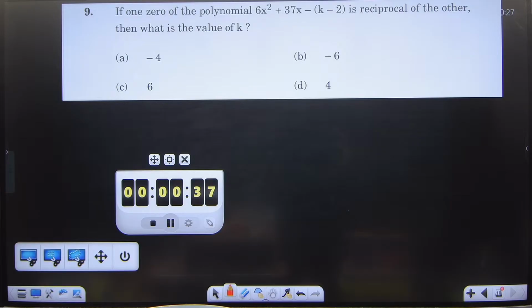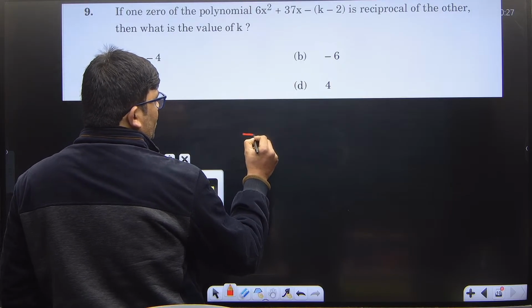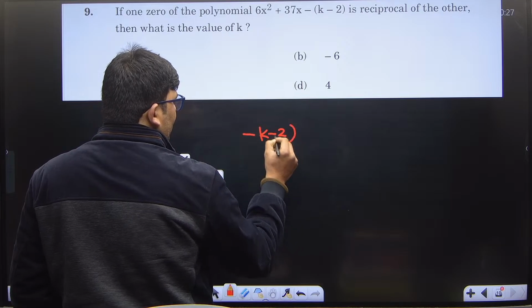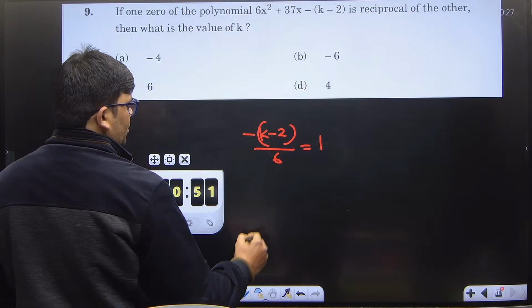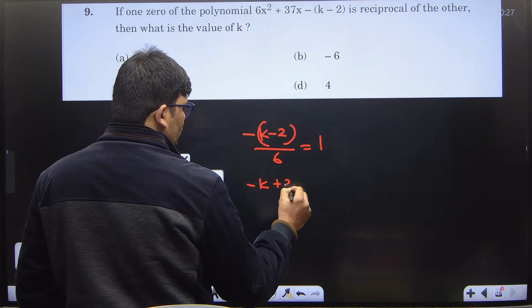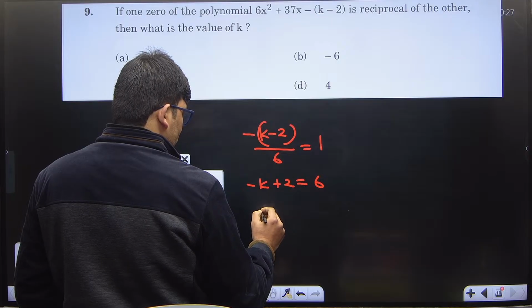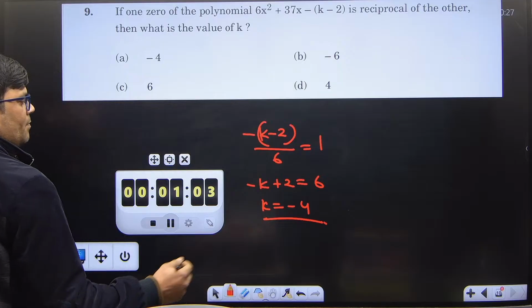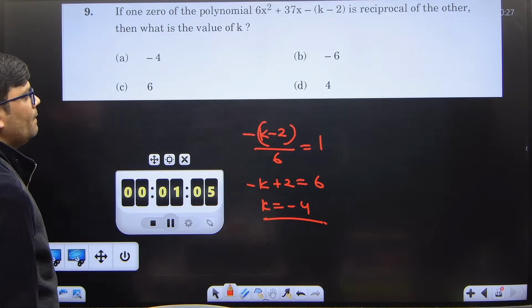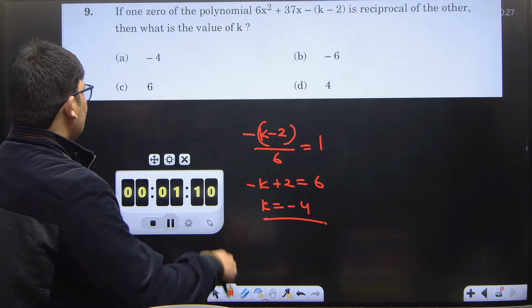Sir, option A, -4. -4. Okay. So we will write C upon A must be equal to 1. So minus k minus 2 upon 6 must be equal to 1. So minus k plus 2 is equal to 6. So k is equal to -4 will come, I think. Are you getting 4? No, sir, -4.